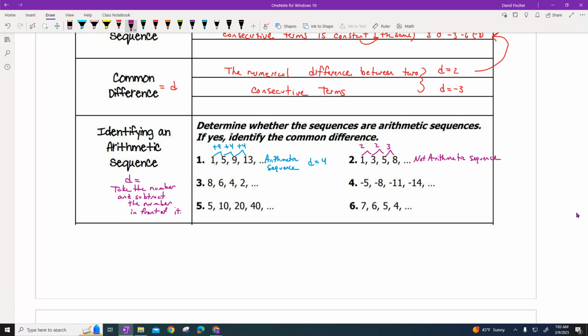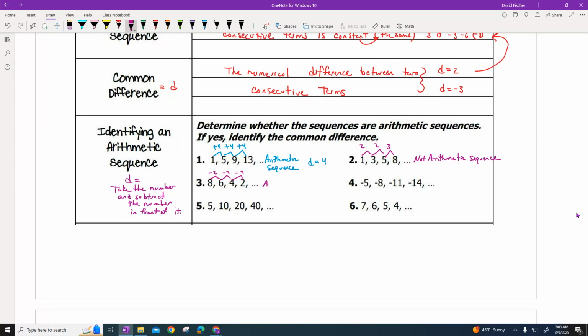Now this is kind of interesting because we're going down, but if I still did this, 6 take away 8 on my calculator, I'm going to get -2. If I did 4 minus 6, I'm going to get -2, and if I did 2 minus 4, I get -2.